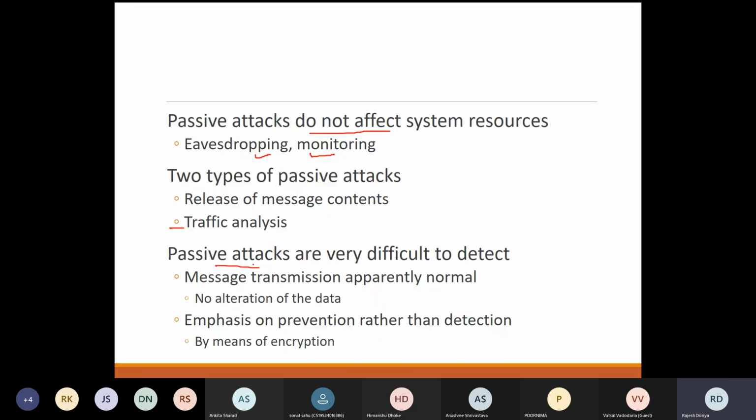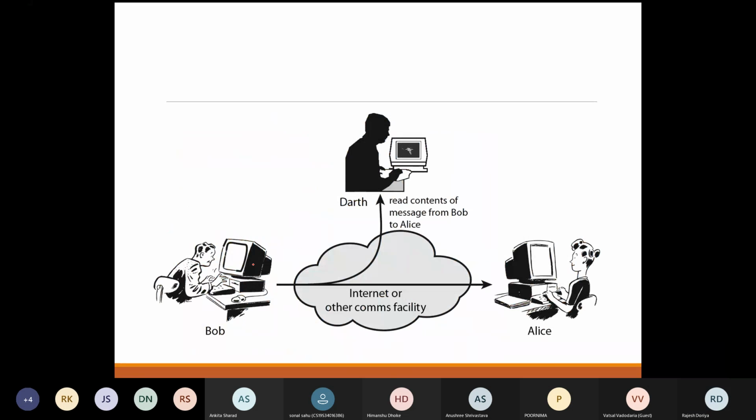So this is the first type of passive attack. As you can see, we have three parties: Bob, Darth, and Alice. Bob and Alice are the two legitimate parties trying to communicate together. Bob has sent some message to Alice via the internet or some communication facility, and in between Darth has come into the picture, and now Darth is reading the contents of messages between Bob and Alice.